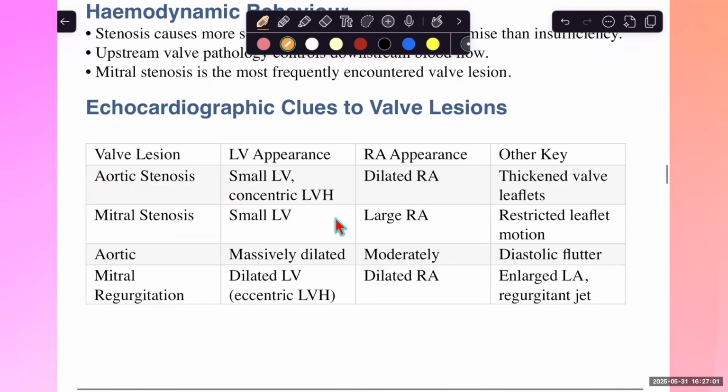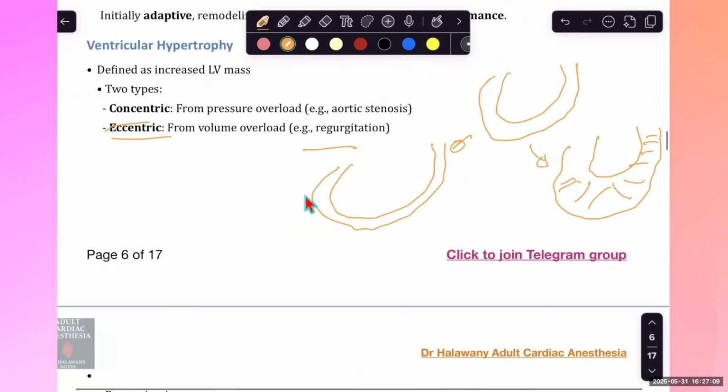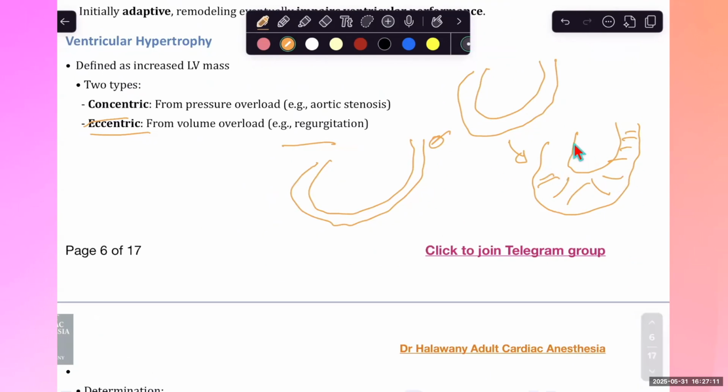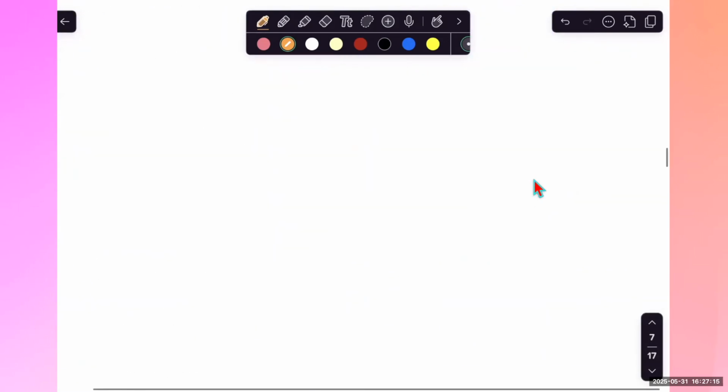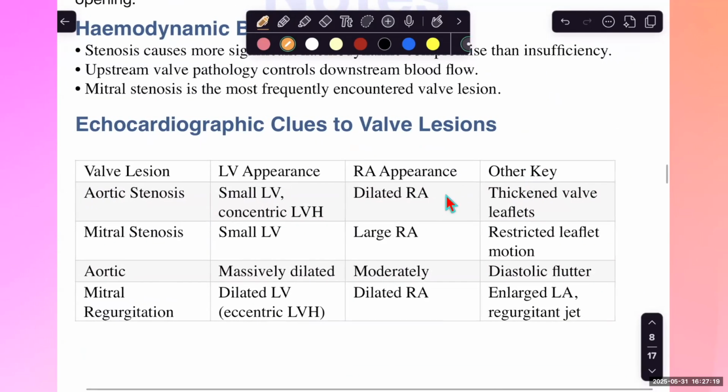What you're gonna see in the echo: if it is aortic stenosis, the LV is small with concentric hypertrophy, like the one I just drew here. Small cavity, huge wall. Okay, and they will cause RA dilatation from back flow to the lung and a thickened wall.